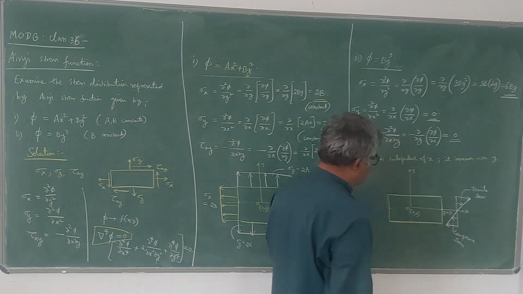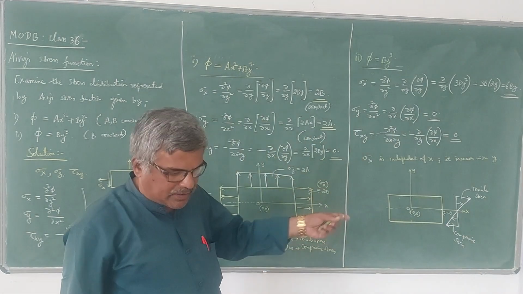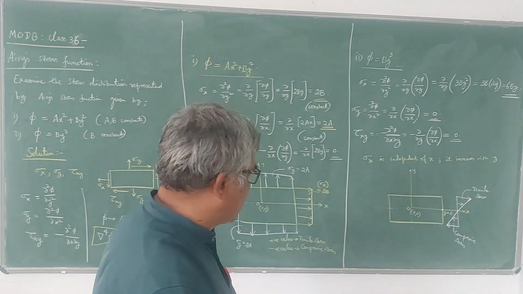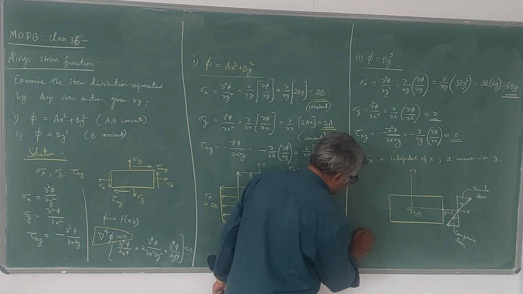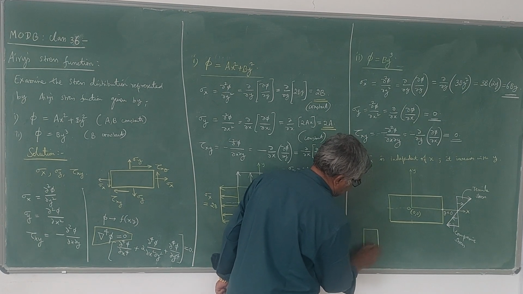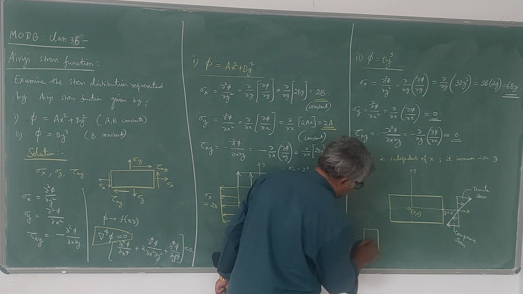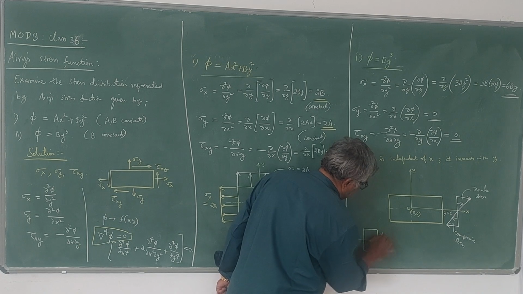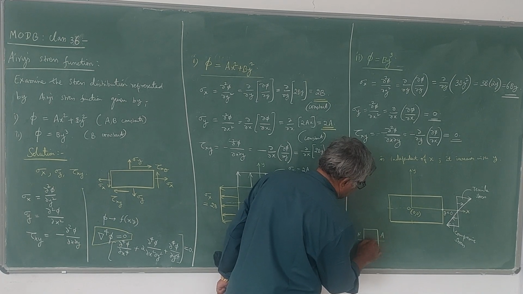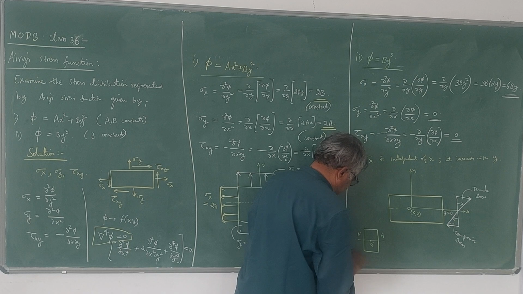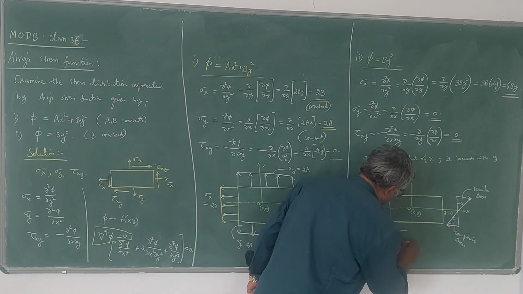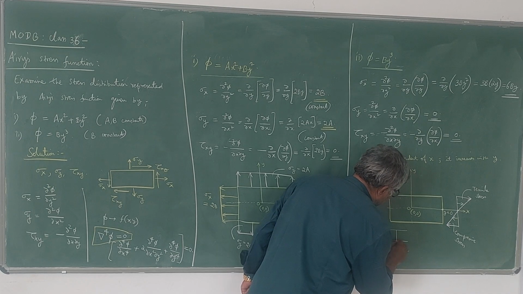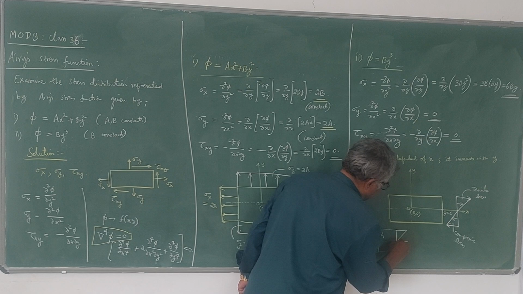This is an example for the bending stress diagram. In a simple rectangular beam, which you have learned in strength of materials, suppose you take a rectangular section of a beam, with the centroid on the neutral axis. At the neutral axis, your y value will be 0. If you plot the bending stress distribution for this, you will get 0 stress here, and maximum here and here.